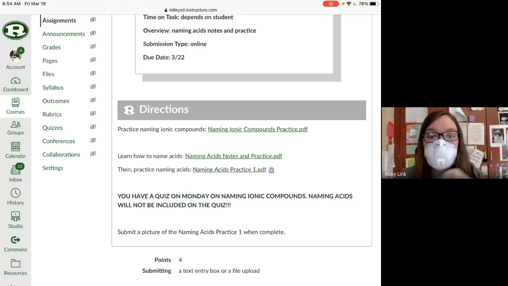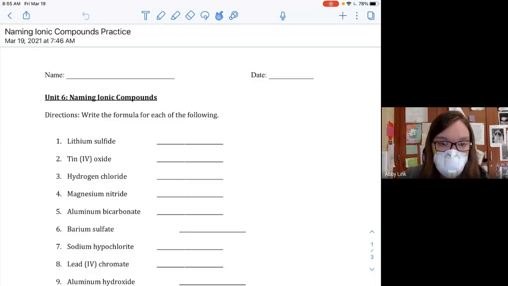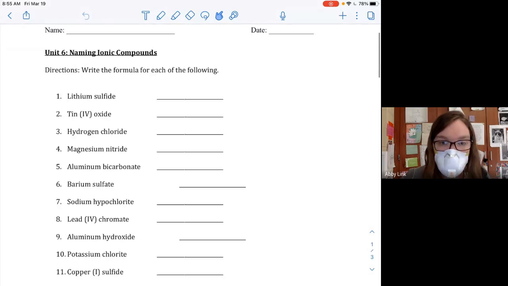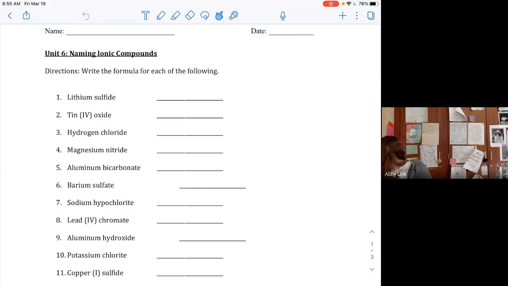That is the worksheet that I would be working on today if I were you. And then naming ionic compounds practice, I would save that till Sunday, because this is basically 40 names, and you're going to write out the formulas. This is meant to give you a really good preparation for your quiz on Monday.